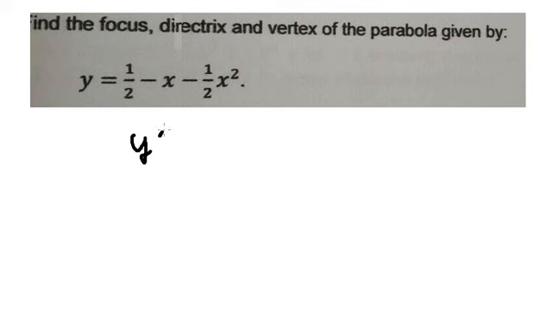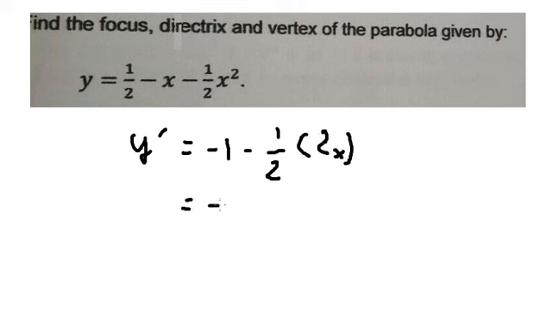We need to first find the derivative of the function. You get negative number 1. First the derivative of x squared, you get 1 over 2 multiplied with 2x. And this one you get negative x. We set the derivative of the function equal to number 0.